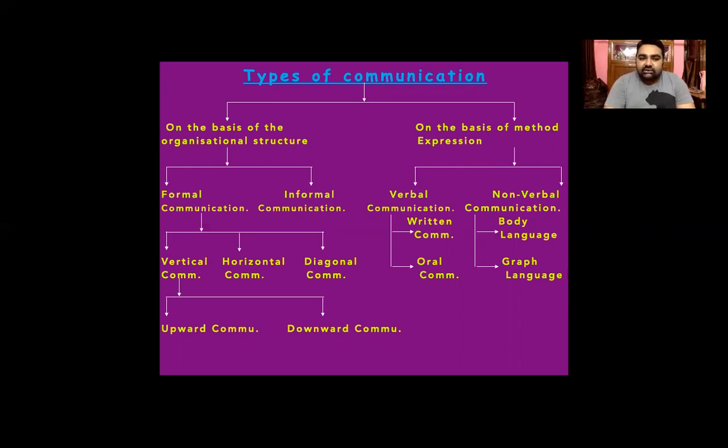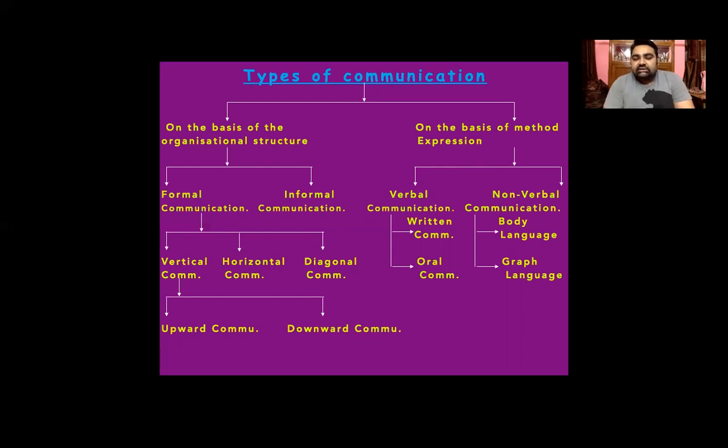Formal communication is language bound and time bound, and we are not allowed to use any kind of slang in it. I will give you detailed information about formal and informal communication and their types in the next video lecture.